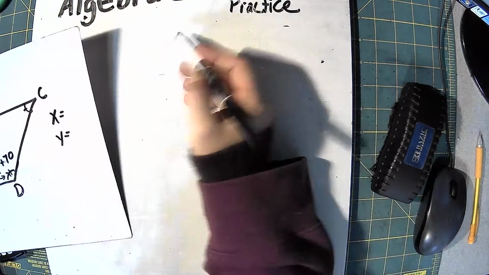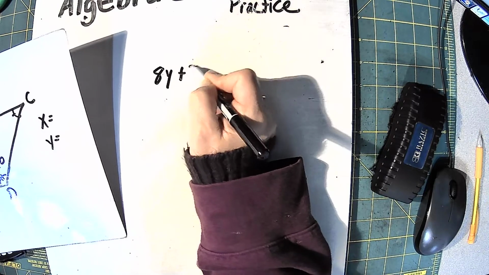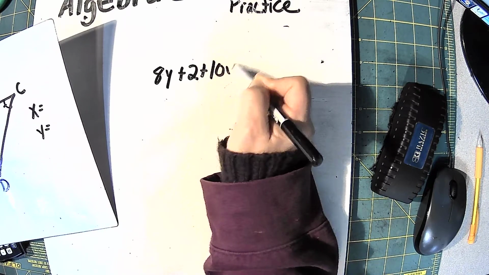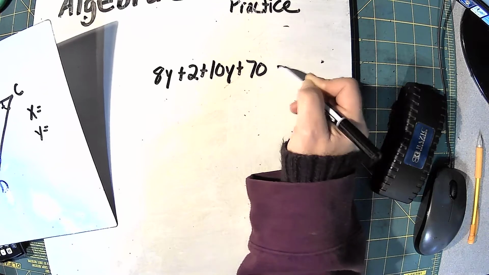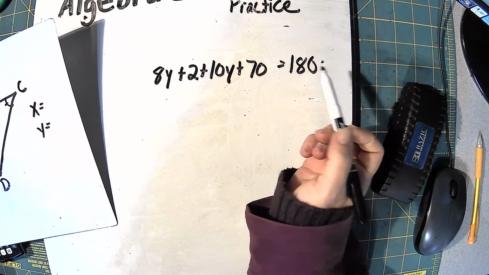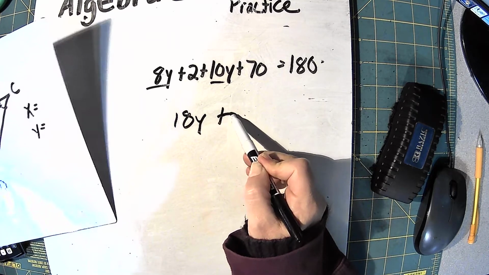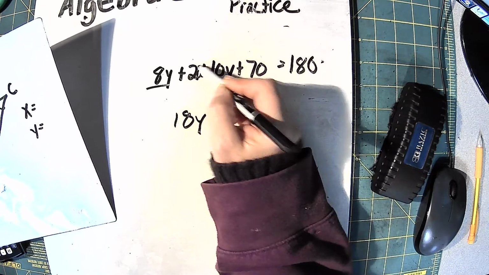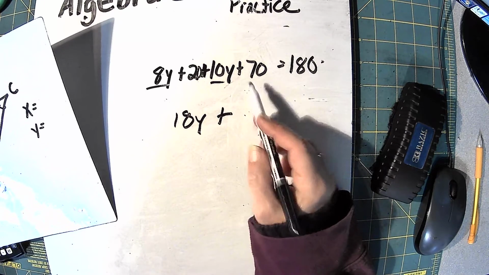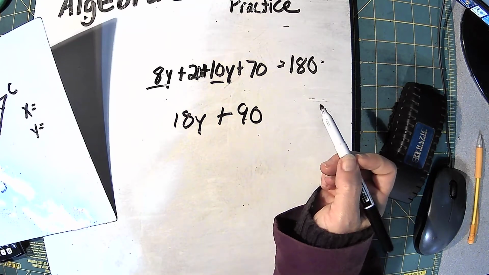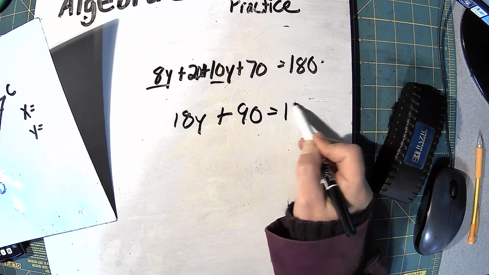So we got 8y plus 20 plus 10y plus 70 equals 180. I'm going to put my y's together, and I'm going to have 18y plus, 20 and 70 would be 90, equals 180.